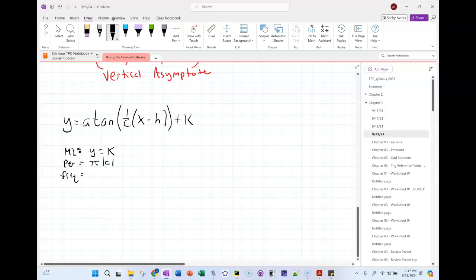The frequency is still 1 over the period. And the big thing to remember is that the period formula is different for tangent than it is for sine and cosine. So that would be something I'd want to put on my note card or half sheet, to make sure I remembered that it was different.